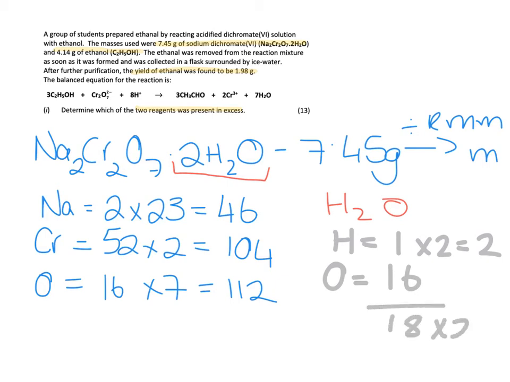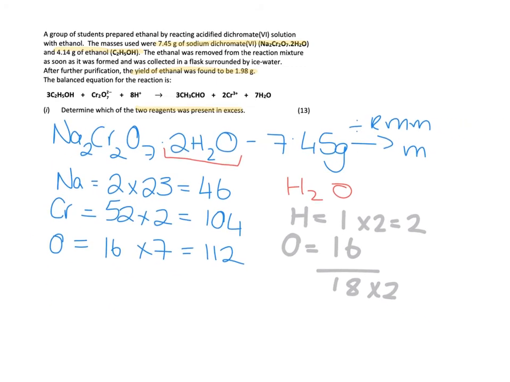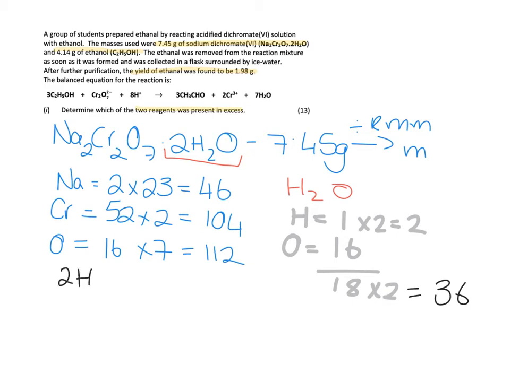But I have 2 water molecules, so in total that H2O is contributing 36. So I have to add my 2H2O onto this now. And when I add all those up together, I get 298.